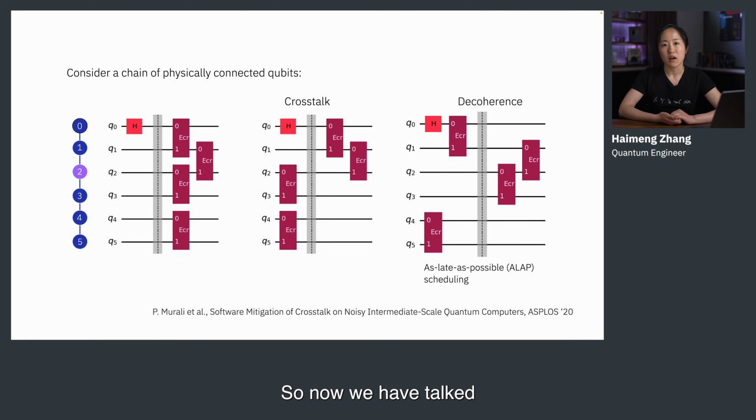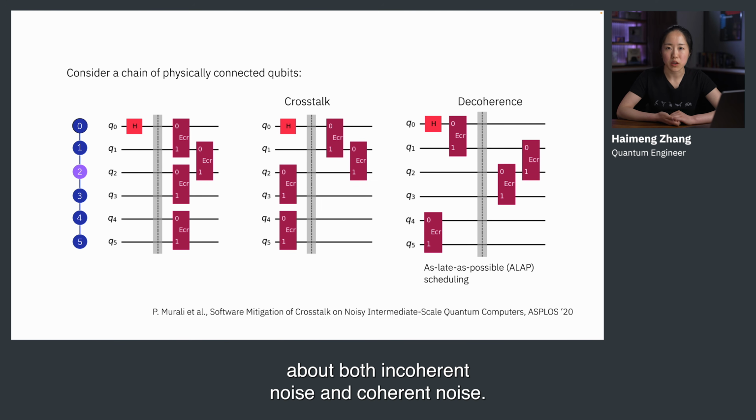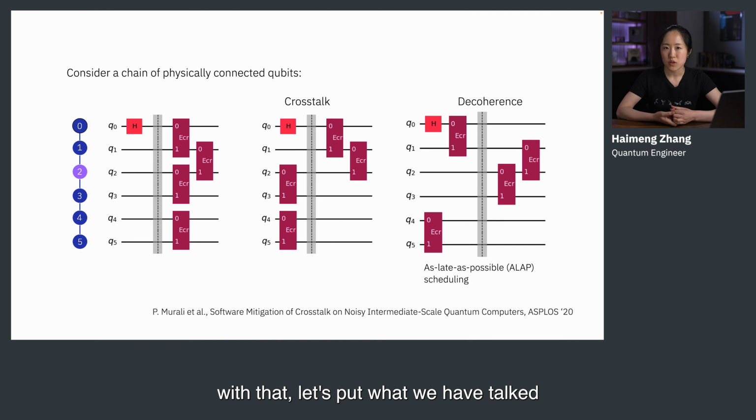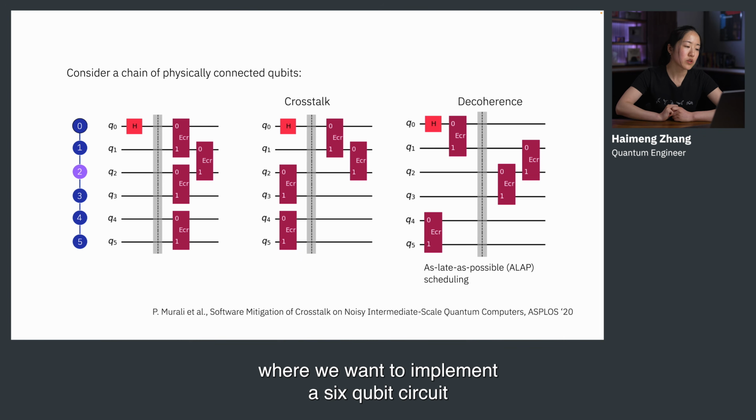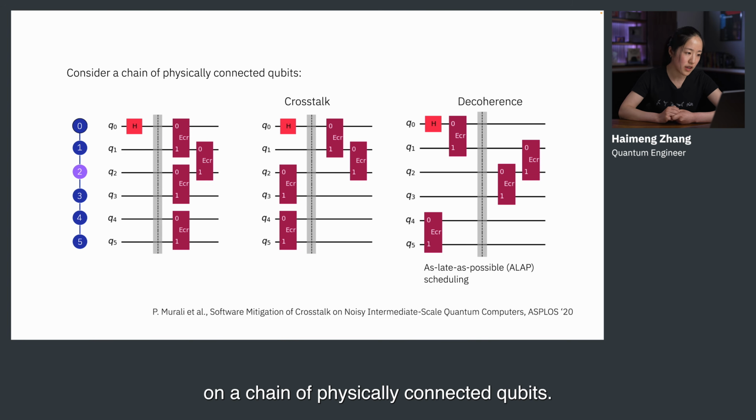So now we have talked about both incoherent noise and coherent noise. With that, let's put what we have talked about into practice and look at the following example, where we want to implement a 6-qubit circuit on a chain of physically connected qubits.